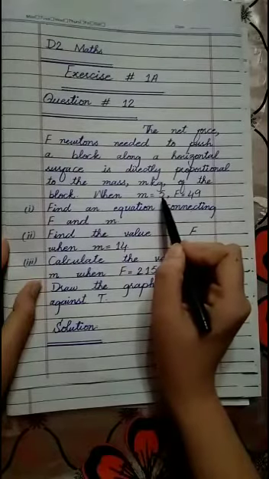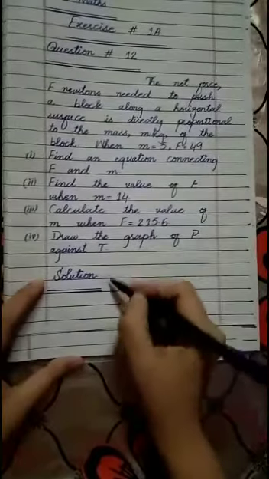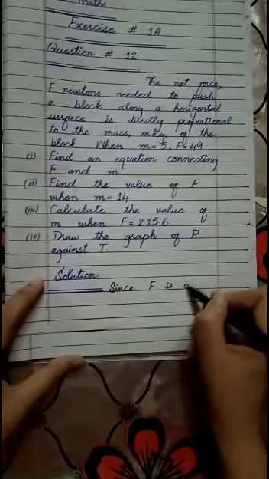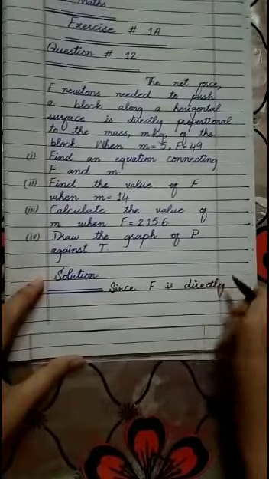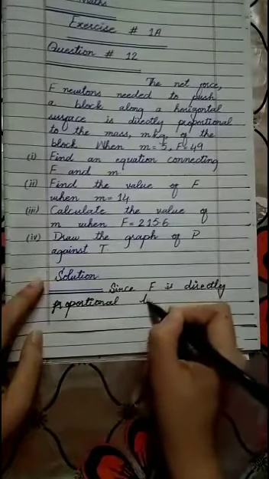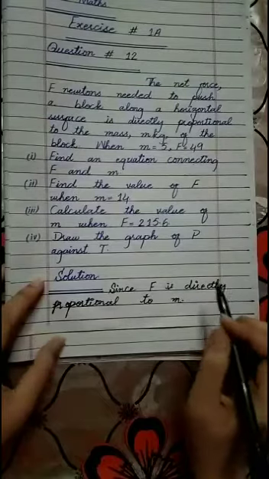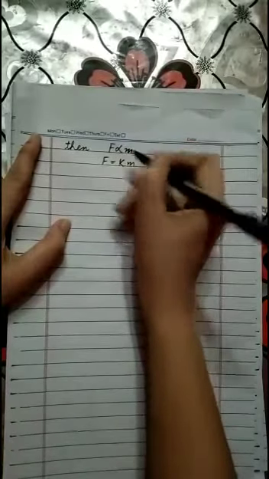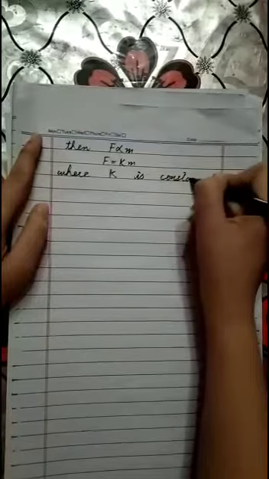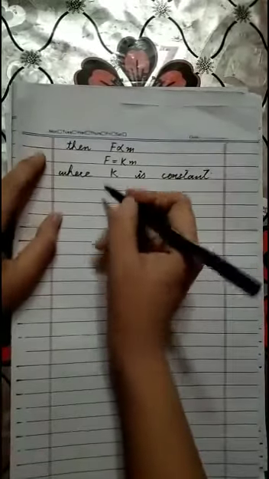By using these two values we have to find the value of K. Since F is directly proportional to M because it's given, F is directly proportional to M. Then it's direct proportion, so we want to remove this sign by placing K, where K is constant. Okay, so values are given.